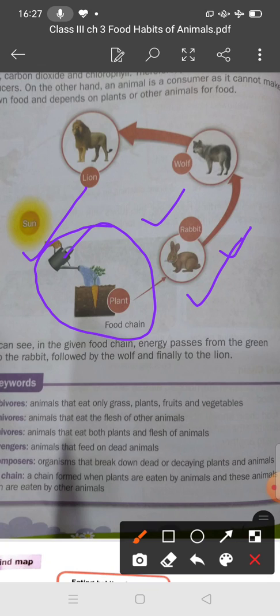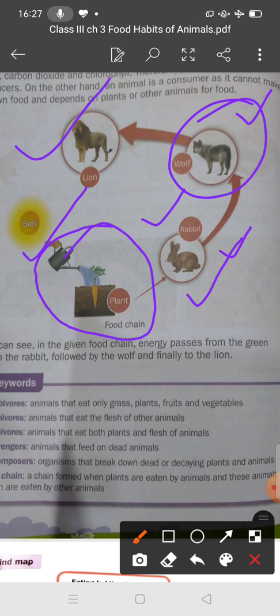Now this rabbit is eaten by the wolf, because the wolf depends on small animals. Now this wolf is eaten by the lion. Plant is eaten by rabbit, rabbit is eaten by wolf, and wolf is eaten by lion.